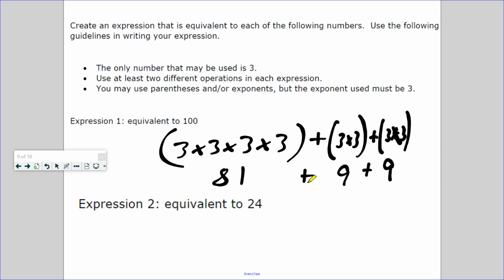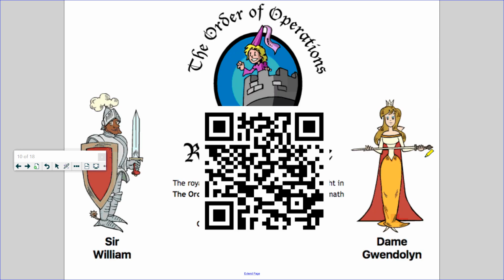So 81 plus 9 is 90, plus 9 is 99, plus 3 divided by 3 is 1. That adds up to 100. You could have done one when you multiply by another 3 and then subtract it until you go back down to 100. And the last station is called the princess.